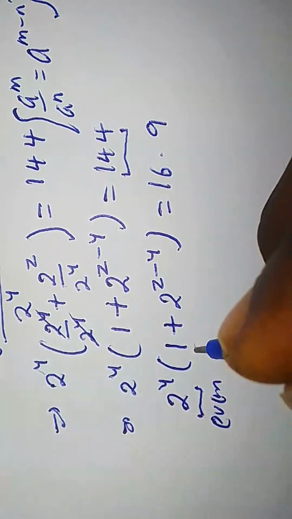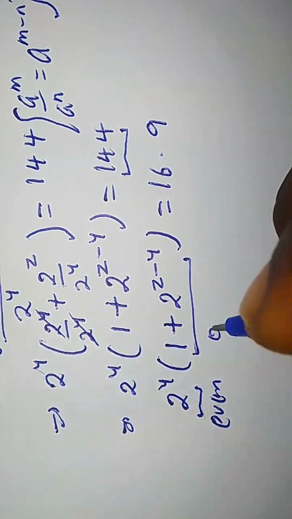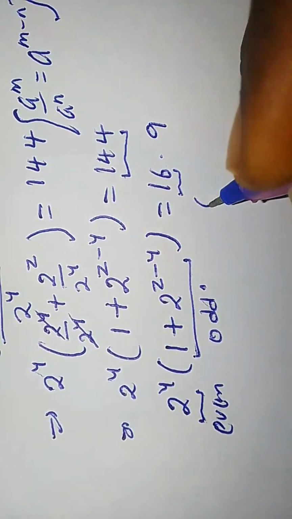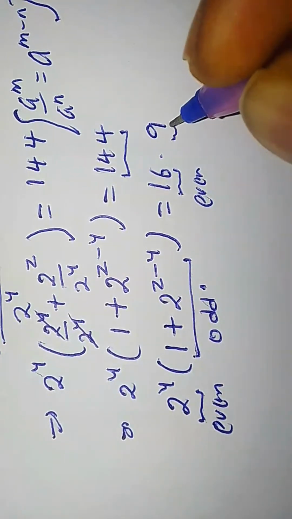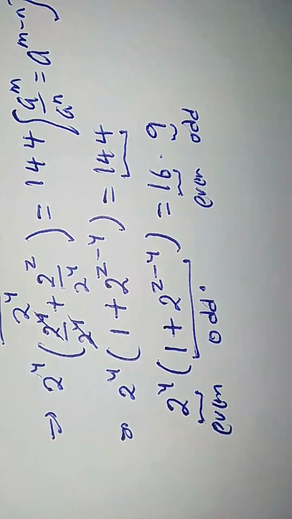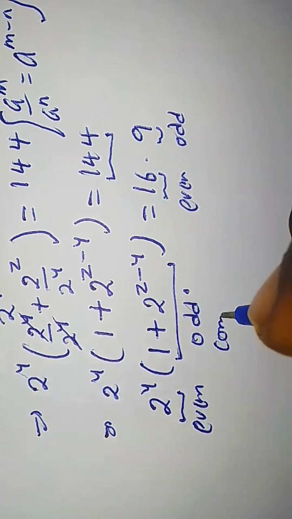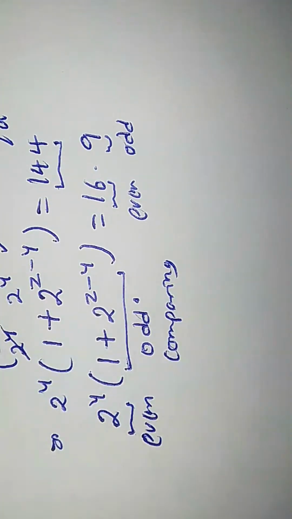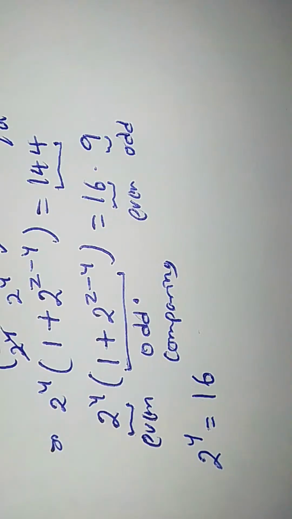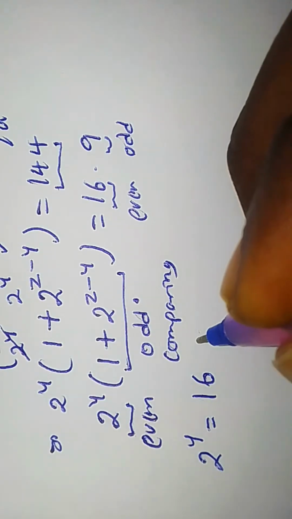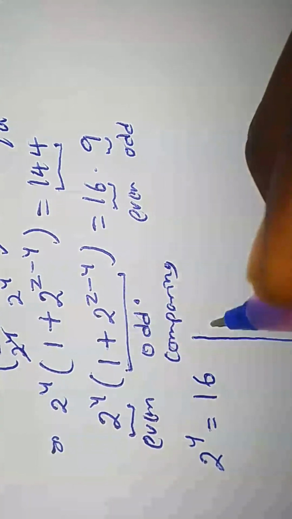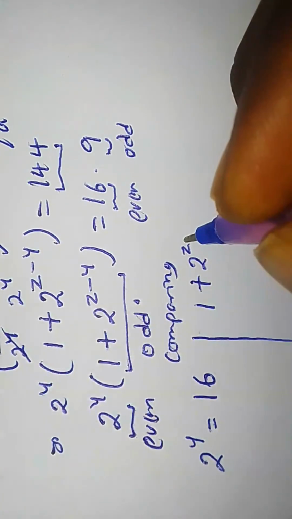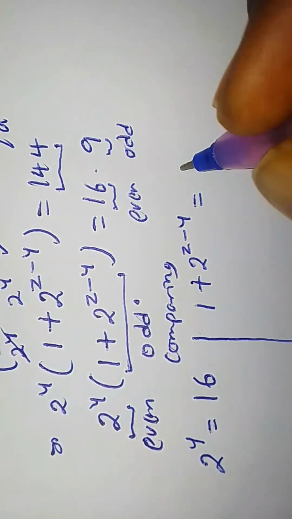Why will this always be an odd number? This is an even, very obvious. Why is this an odd number? So we are going to compare the even and the odd. If we compare the odd part, we have 1 plus 2 to the power of z minus y equal to 9.